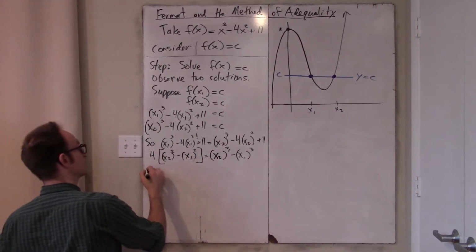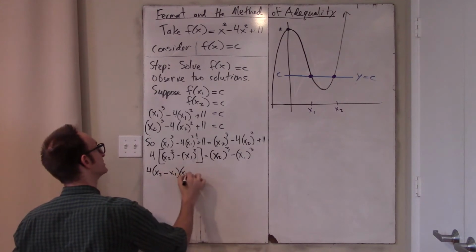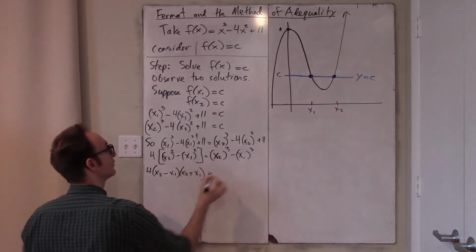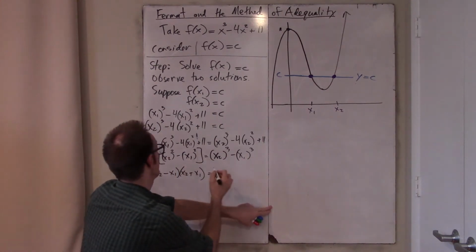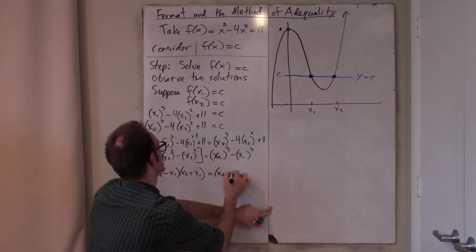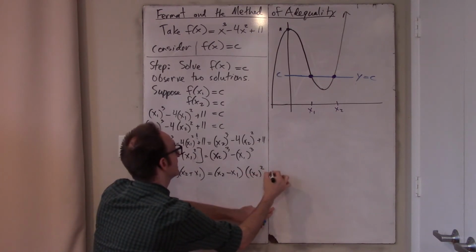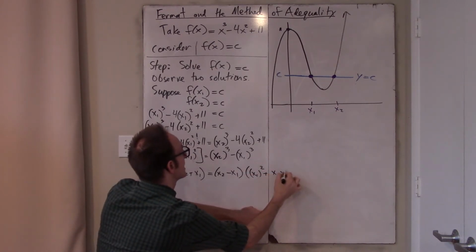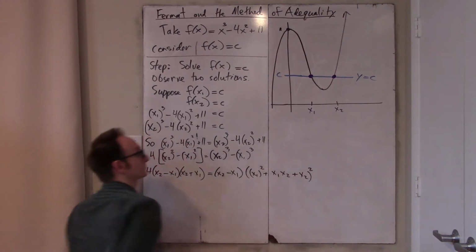Okay, and now you do some algebra that they were getting really good at there. So I factor this into 4 times x2 minus x1 times x2 plus x1. And over here, we have the difference of cubes formula. So that's x2 minus x1 times x1 squared plus x1 x2 plus x2 squared.